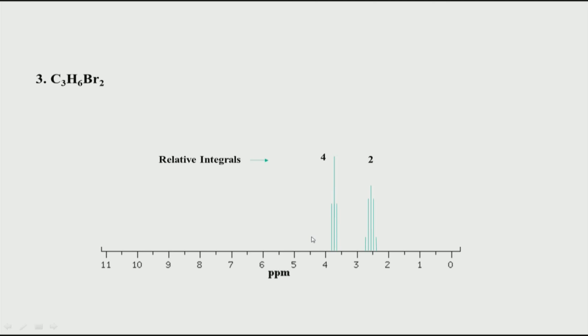So, basically what it means is that this particular peak is probably coming from the protons attached to a bromine. Now we have 4 hydrogens like this, which basically means that we have a CH2Br, this whole thing 2 times.